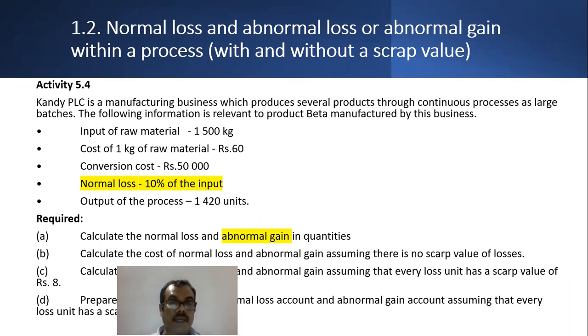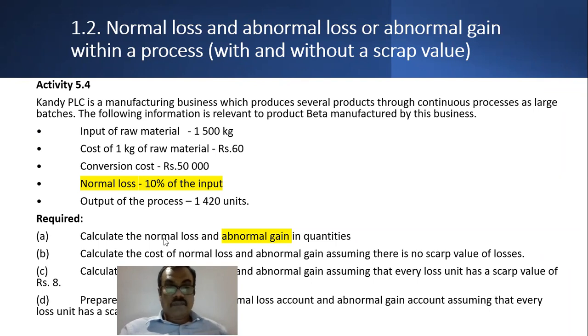Therefore, expected number of units is 1350. So that is to be taken always to determine the unit cost. But actually, you have produced 1420. Miracle. That's what I was just telling you, right? So you have produced more. Therefore, that is treated as the abnormal gain. That is 70. Very good.